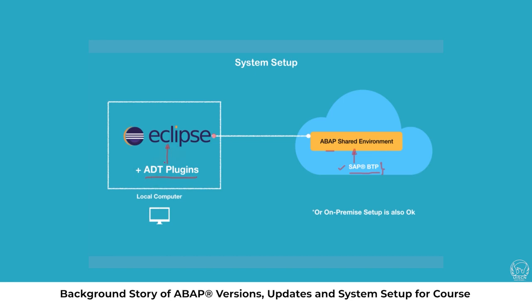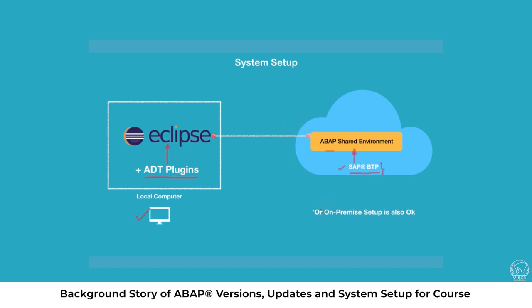And the Eclipse with the ADT plugin is running on your local computer, and you will be connecting your Eclipse to the ABAP shared environment. Now, if you want to see the details of how to perform this activity, which is not a very complicated activity, then we have covered the detailed steps in our system setup for learning course, which can be provided for you for free if you're watching this course on the UI5CN learning platform.